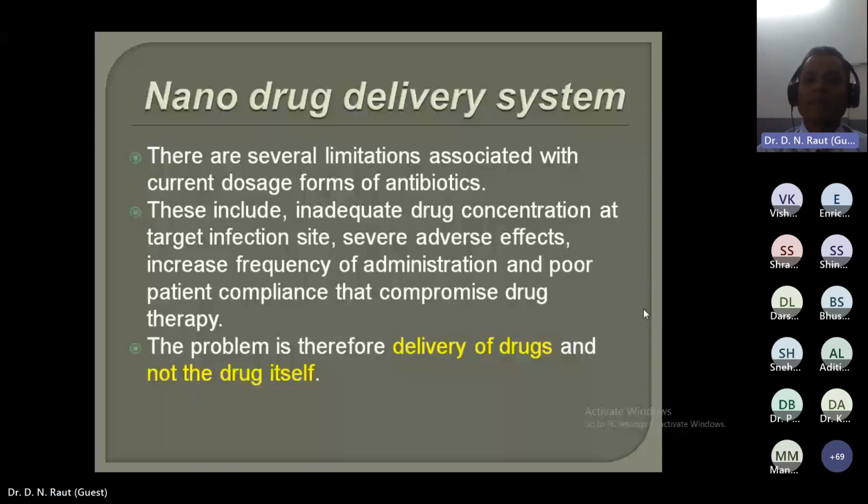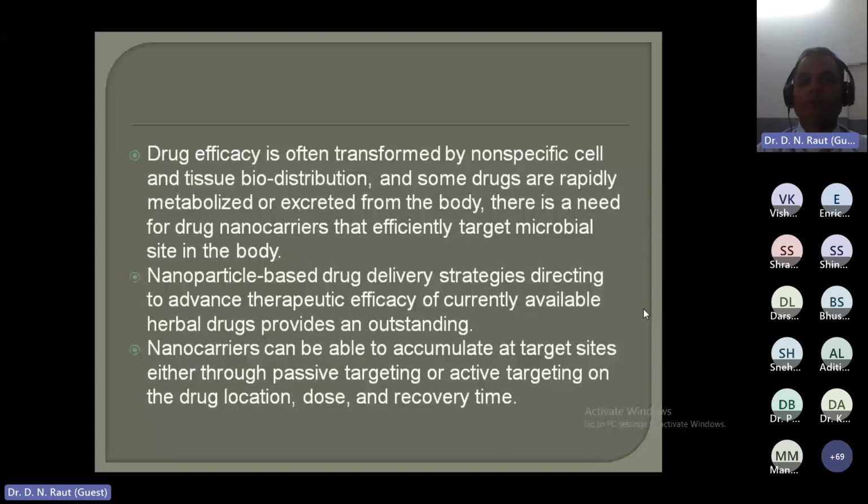Drug efficacy is often limited by non-specific cell and tissue biodistribution, and some drugs are rapidly metabolized or excreted from the body, and there is a need for drug nanocarriers that efficiently target the microbial site or cancerous site in the body, specifically for these two types of disease.